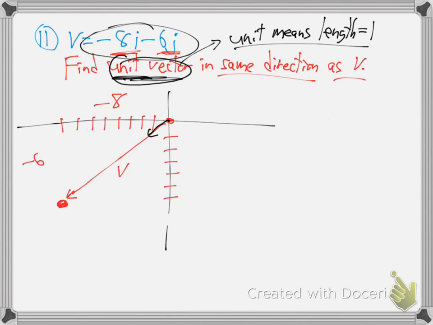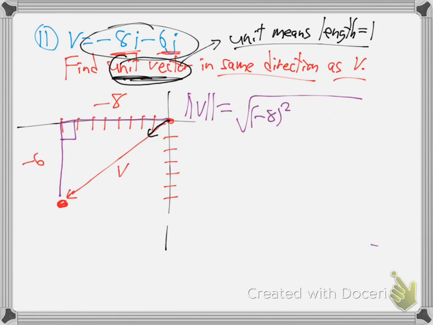What's its current length? How about that? Can we find how long the current vector is? It's not 1, huh? It's way longer than 1. What's the formula for finding the magnitude? The hypotenuse of a right triangle, basically, right? Back 8, down 6, right triangle, how long is v? So it's the square root of x squared plus y squared.